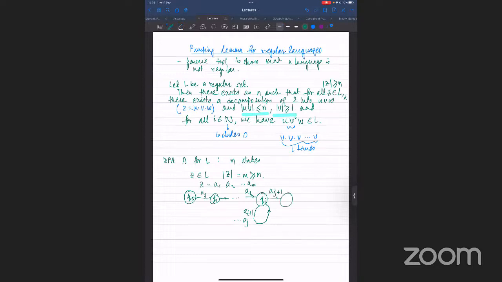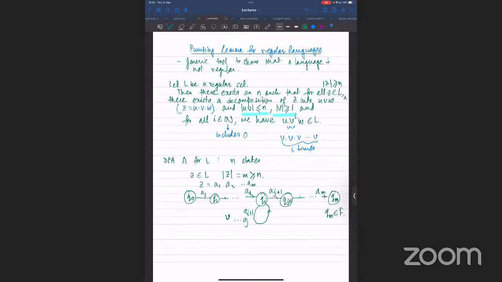This is a string, which I call V. Then you go on reaching AM, reaching QM, and since Z belongs to L, QM belongs to F.